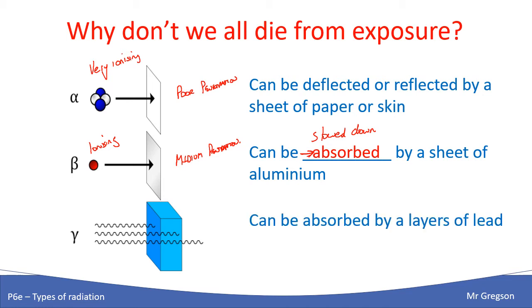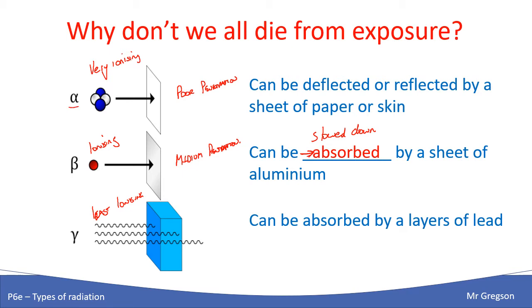Now the last one, our gamma, it's the least. Now I'm not going to say low ionizing, because that would be a bit of a falsehood. Least ionizing, because whilst it's still incredibly dangerous, it's nowhere near as ionizing as our alpha particles at the top.